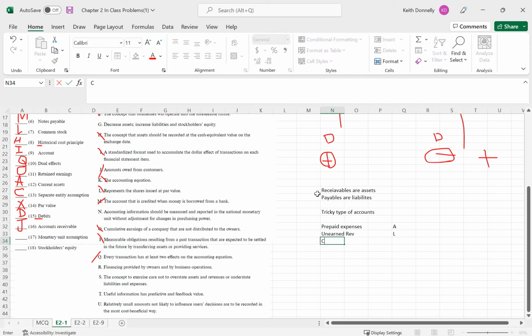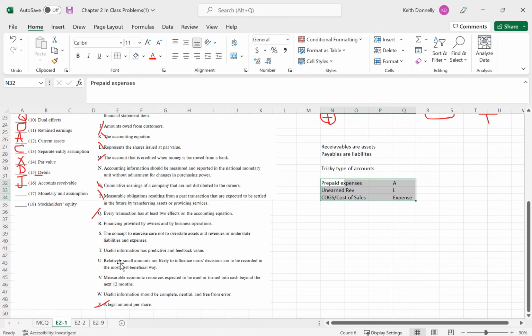Cost of goods sold and cost of sales, that's going to be an expense, right? These things are not super intuitive right off the bat, so I try to call your attention to them as tricky accounts. But if you remember that receivables are assets, payables are liabilities, and then these nuanced exceptions, that'll go a long way for you.